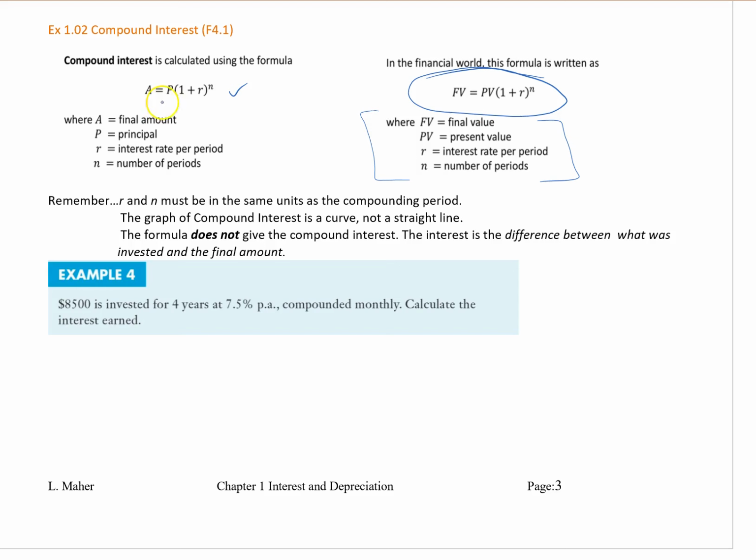So we know that A represents the final amount in the account after we've invested some money. And that amount of money is P. We invest at R%, where R is written as a decimal per unit of time, and N is the number of periods of time.